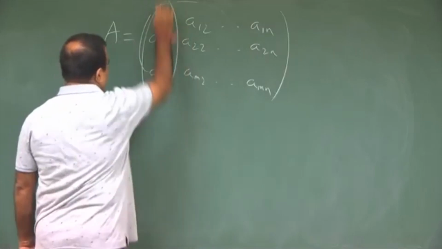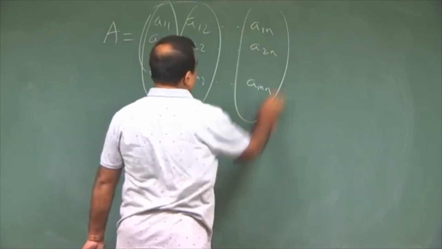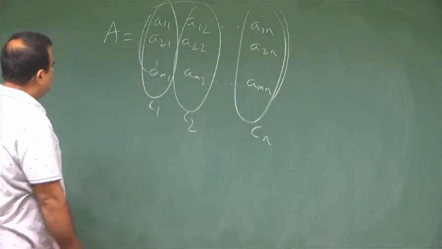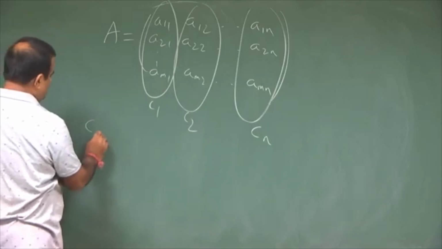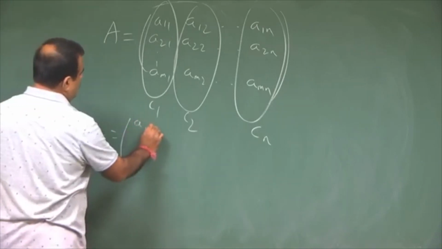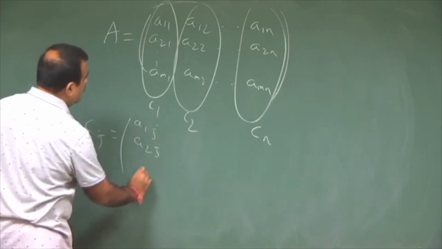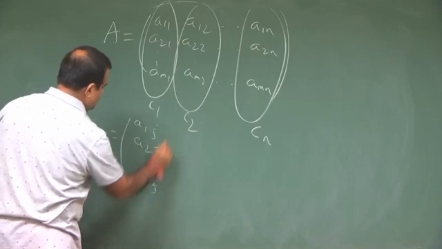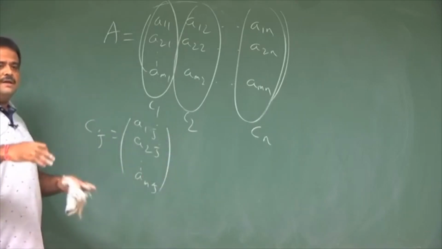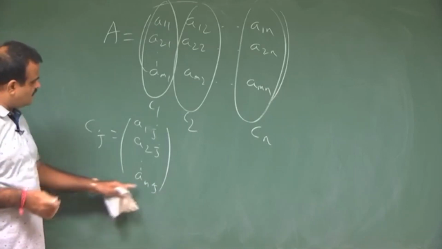Now, this is the first column, this is the second column, there are n columns, and the jth column is A 1 j, A 2 j up to A m j. So, this we want to show in the Cartesian product form, and this is an m-tuple.